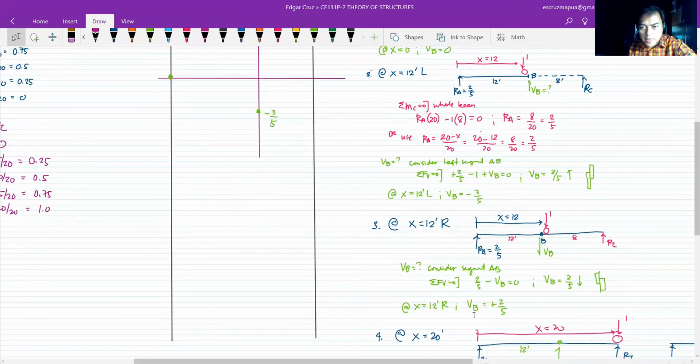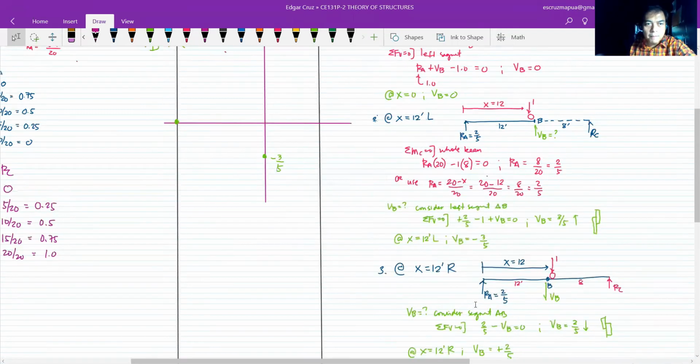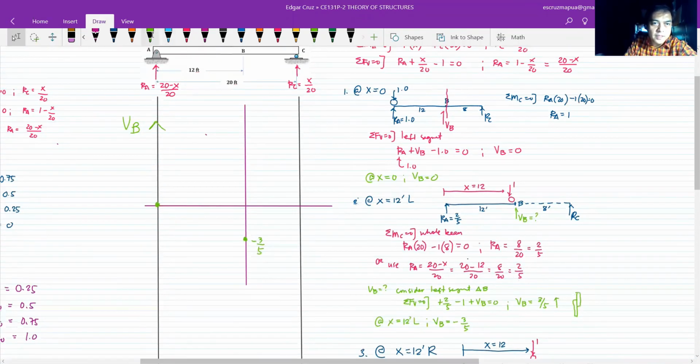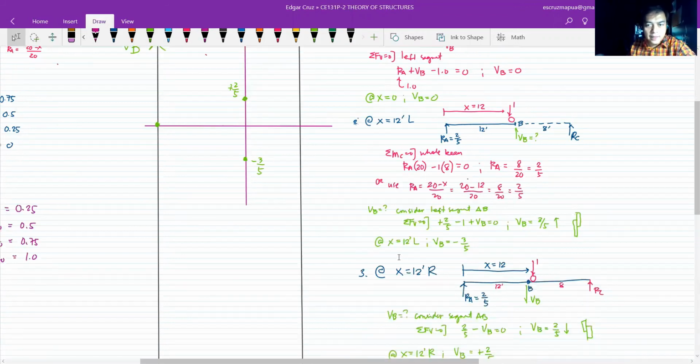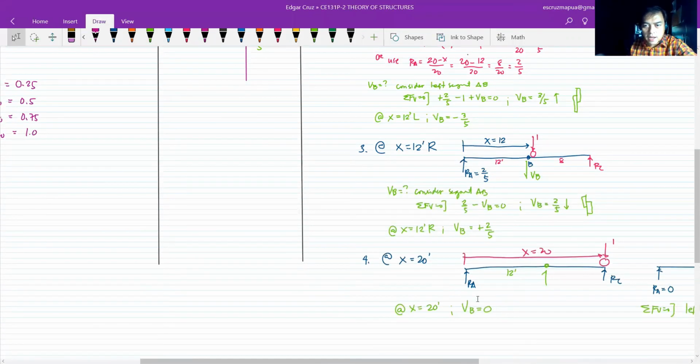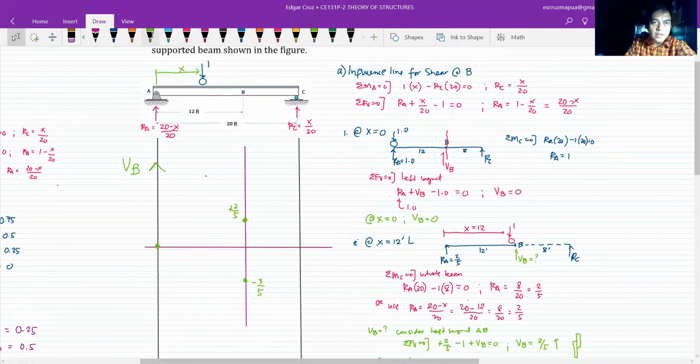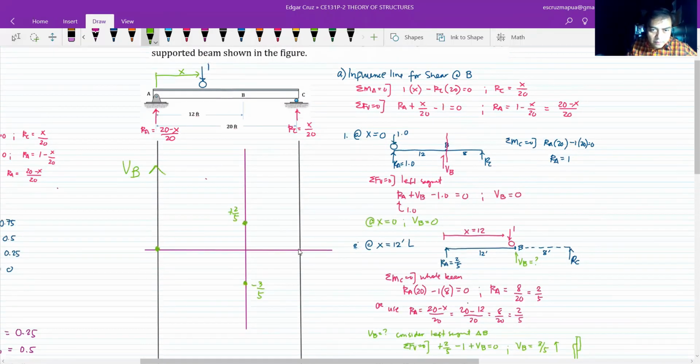Ang shear sa B naman is positive 2/5. Positive 2/5. So, let's say, andito siya. That's positive 2/5. Okay? Then, at x equals 20, shear at B is 0. Shear there at 0. So, andito yun.